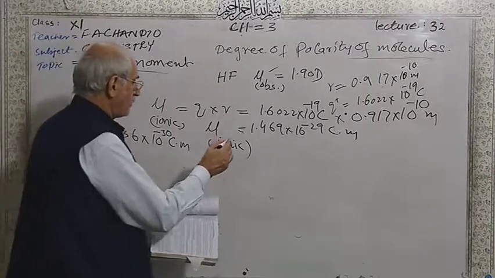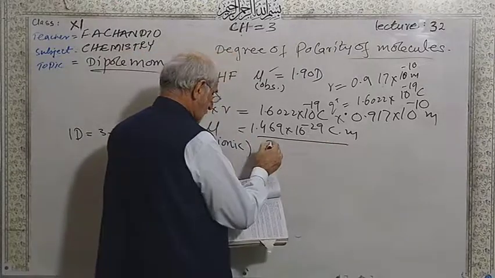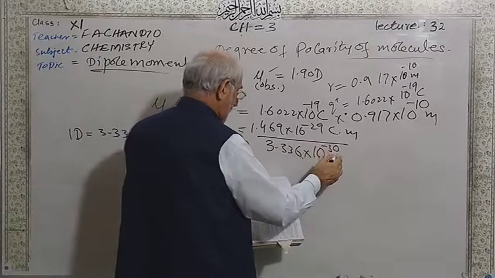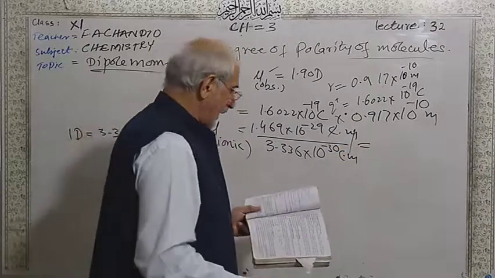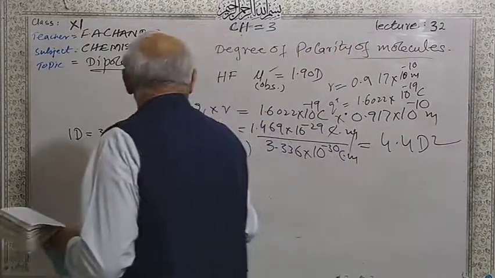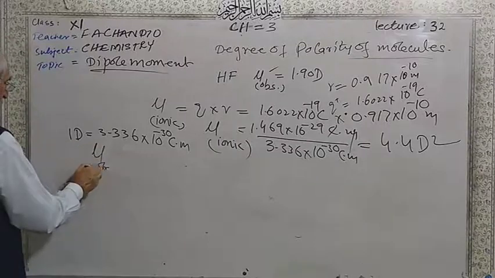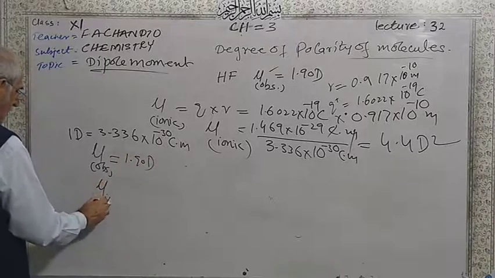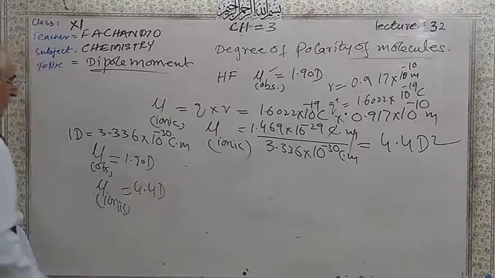Use this formula: you have to divide by 3.336 into 10 raised to the power minus 30 coulomb meters, which cancels, and you will get 4.4 D. So the observed dipole is 1.90 D, and the ionic dipole is 4.4 D.